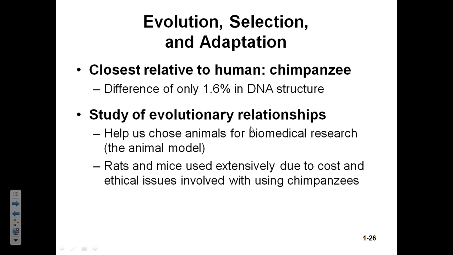All right. Chimpanzees are very similar to our what? DNA. So it's only 1.6% difference in our DNA structure and theirs. Right? So what we do is we try to find specimens that we can study. Now the only thing is that since they are so much similar to us from a genetic standpoint, they say it's unethical a lot to do what?